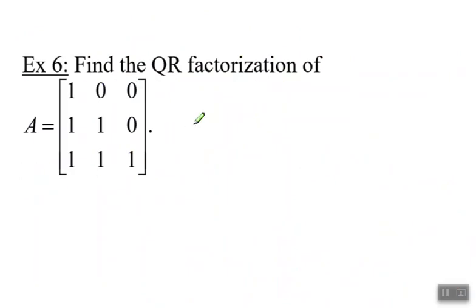The QR factorization. Now, when I was thinking about this, wouldn't it have been easier if I had done something else? And I am still going to trust my process on this. I'm going to build Q. Actually, I'm going to find the vectors first.